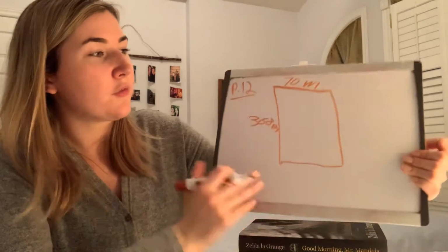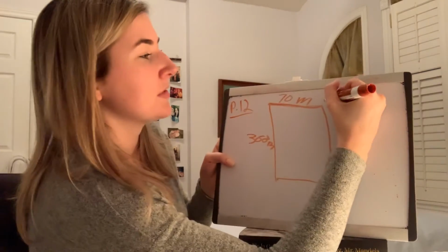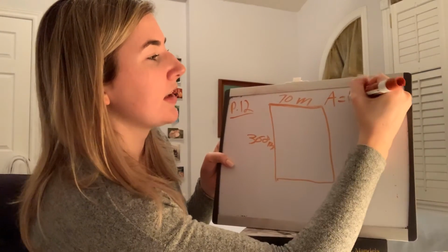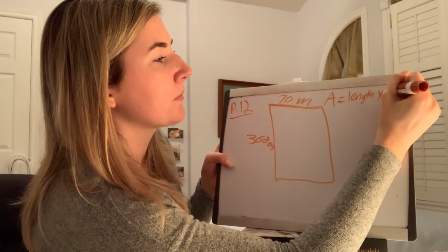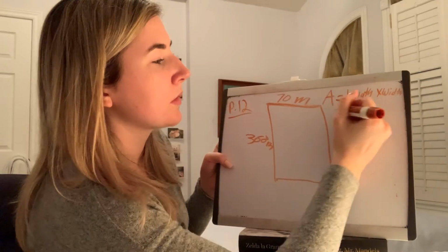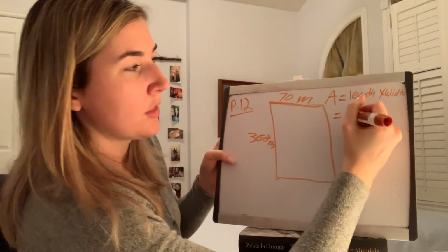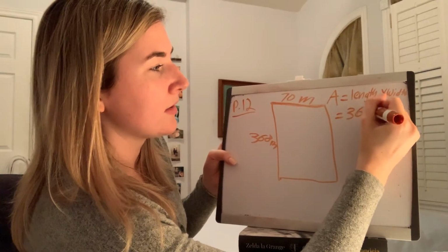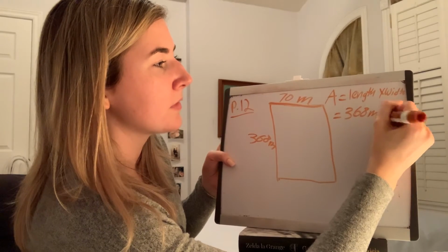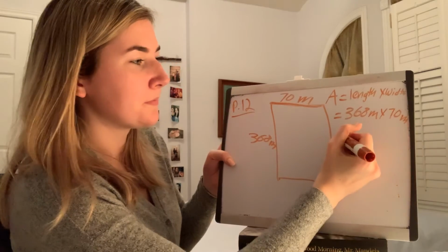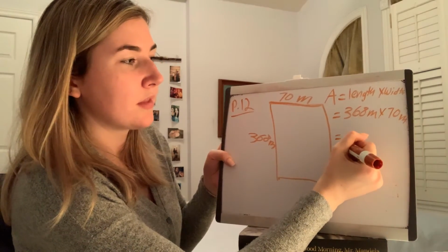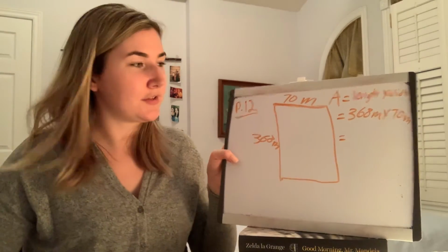Now we'll remember our formula: area equals length times width. So we know it is 368 meters times 70 meters. And we'll solve for our answer.